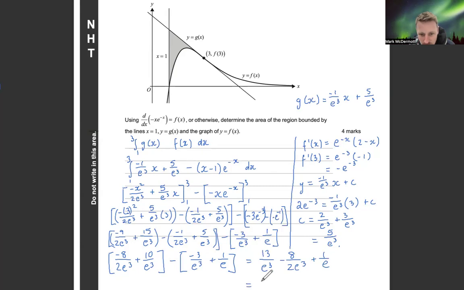Okay, yep. 13 on e cubed. So that's a 4. So 13 minus 4 is 9. Equals 9 on e cubed plus 1 on e. I've got a minus, should be -1 on e.